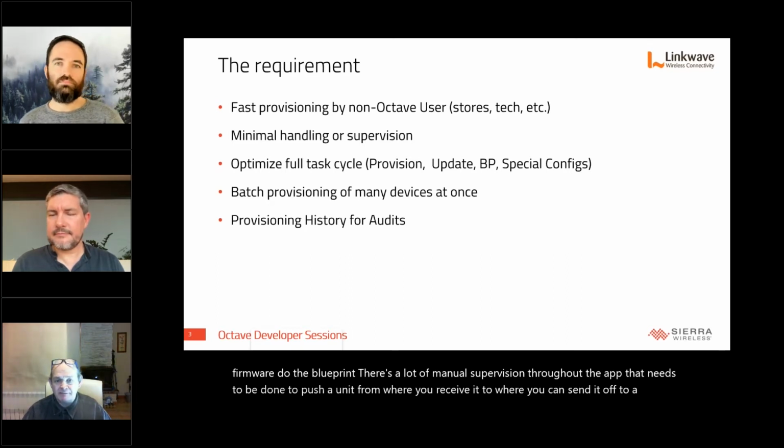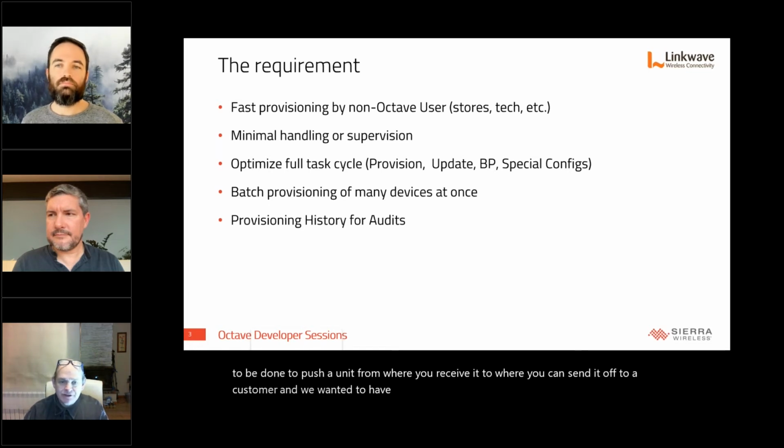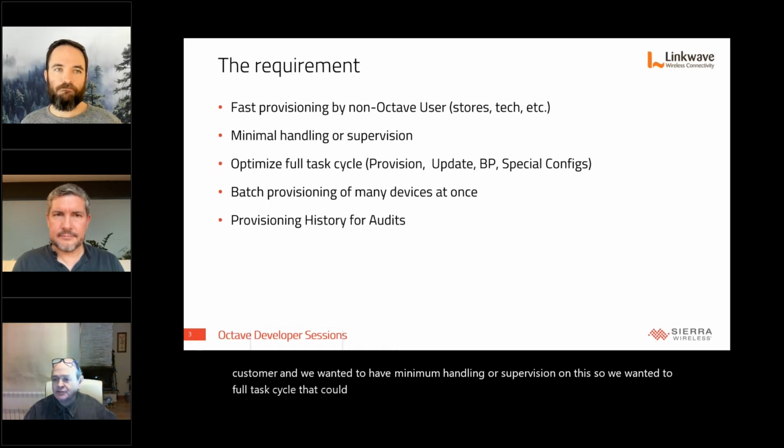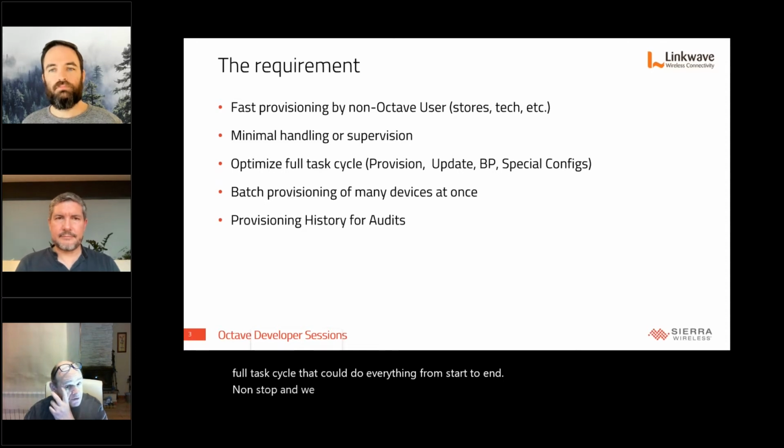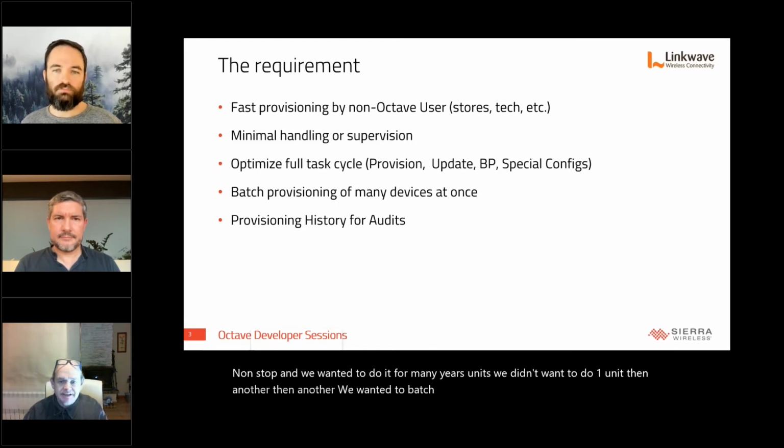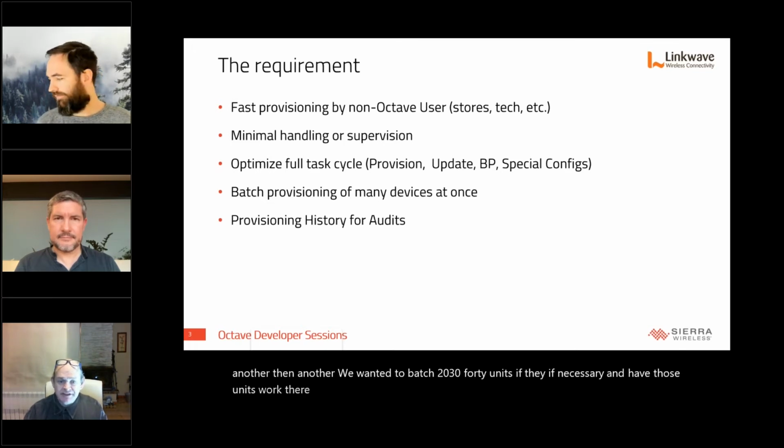And we wanted to have minimum handling or supervision on this. So we wanted a full task cycle that could do everything from start to end, non-stop. And we wanted to do it for many units. We didn't want to do one unit, then another, then another. We wanted to batch 20, 30, 40 units if necessary, and have those units work their way through the system and the process.